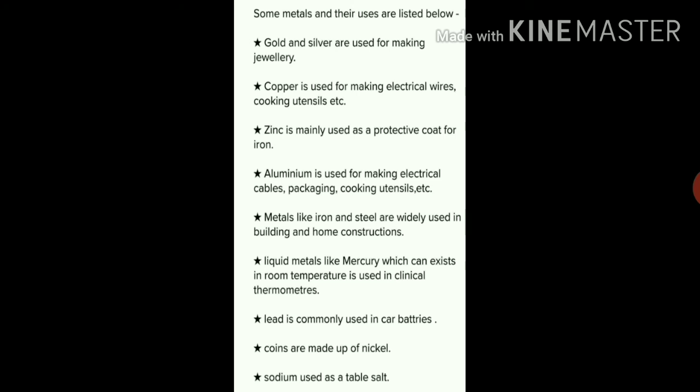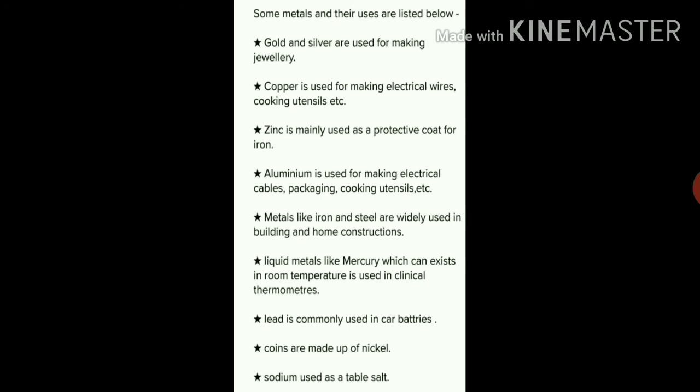Zinc is mainly used as a protective coat for iron, means zinc metal is used for galvanizing iron to protect it from rusting. Aluminium is used for making electric cables, packaging, cooking utensils, etc. Metals like iron and steel are widely used in building and home constructions.